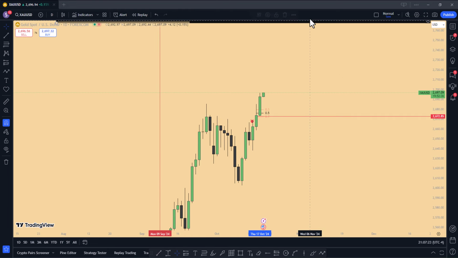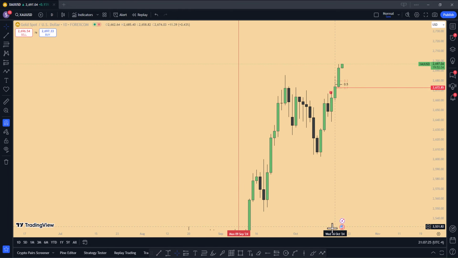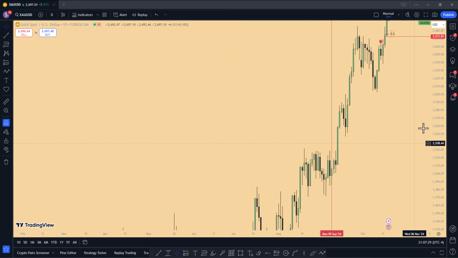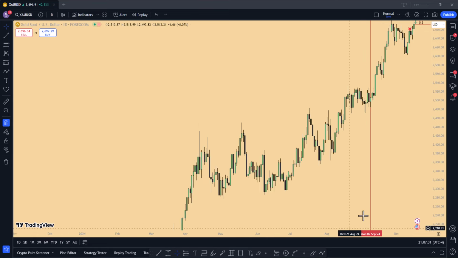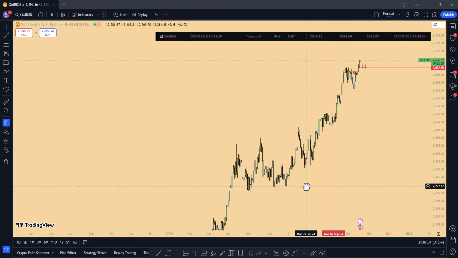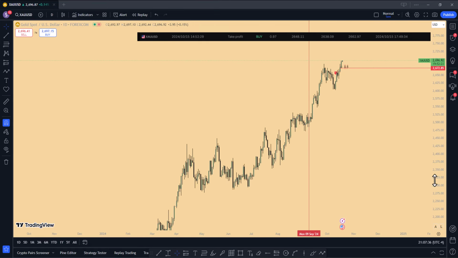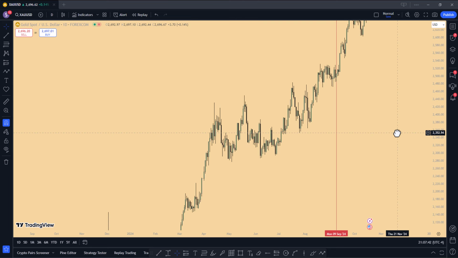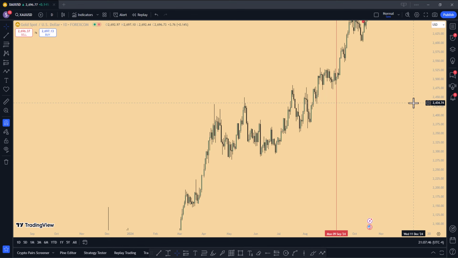We need the daily to frame our bias or our direction. Although gold is very obvious, we are trending heavily to the upside. So all you have to do now is to look for sweeps on short-term lows. You are basically buying the pullback, and you want the pullback to take something, to sweep something.